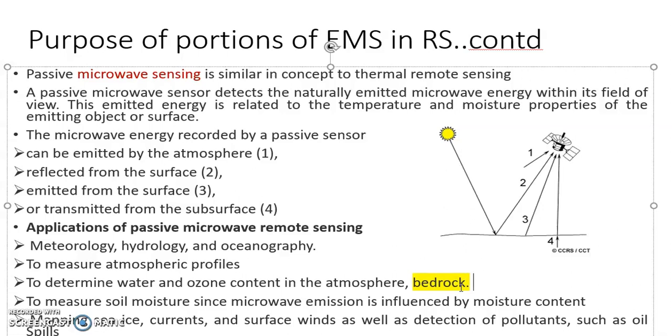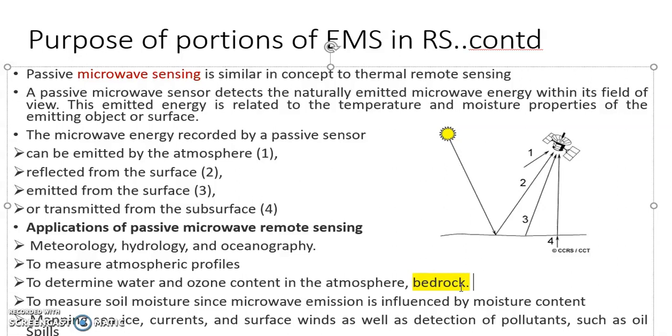Using microwave remote sensing, you can find out at what depth the bedrock is available, or what type of bedrock is available. How? Because these microwaves are waves of larger wavelengths. So they can pass through the superficial soil or soft soil matter, and that can help you in determining the properties of the bedrock available.